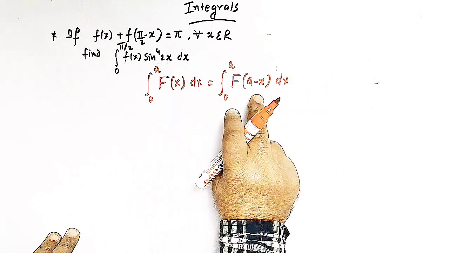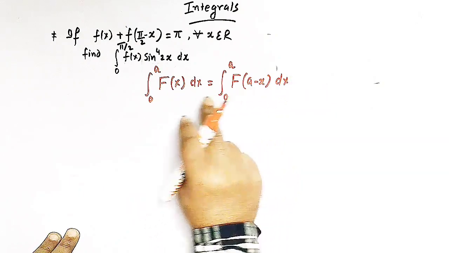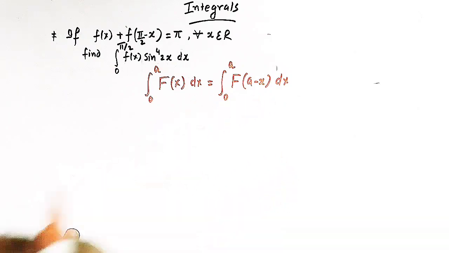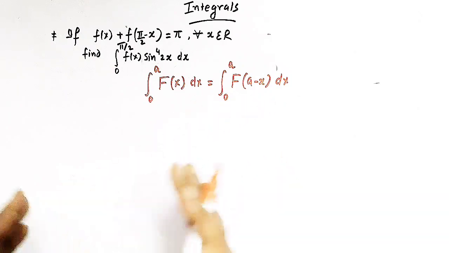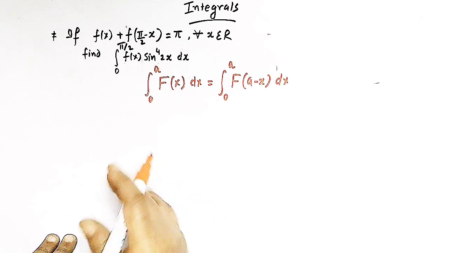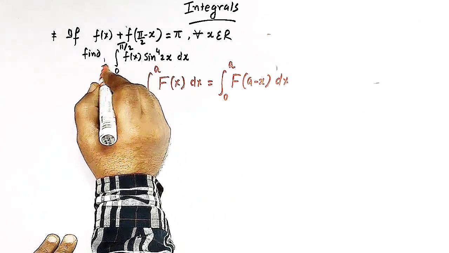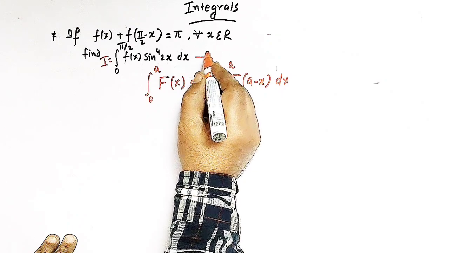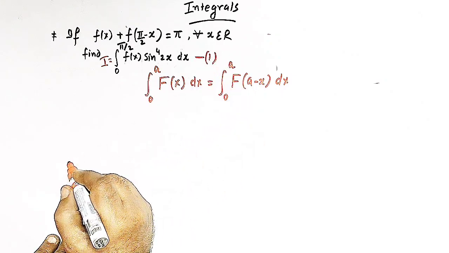So this property of definite integrals is an important property, and it is used to solve a lot of definite integrals, right? So here let us first take this integral as I, and we'll take this equation as equation number 1.